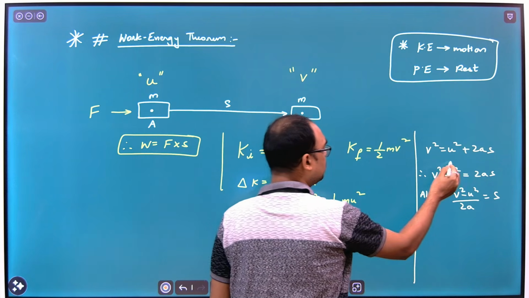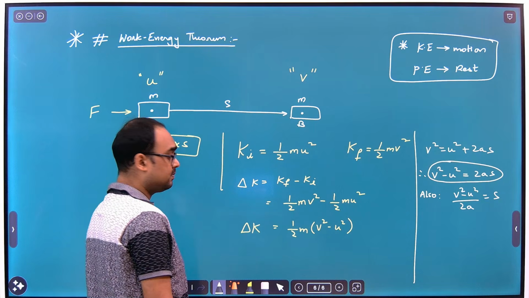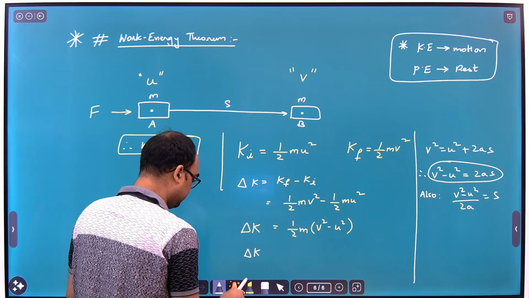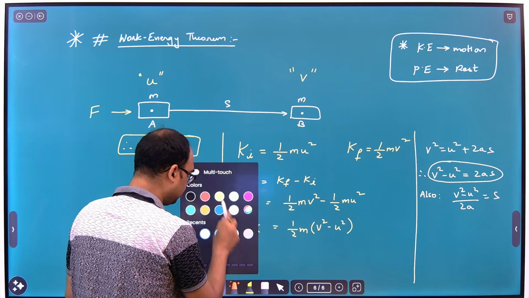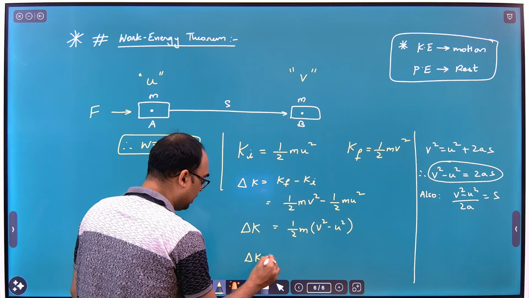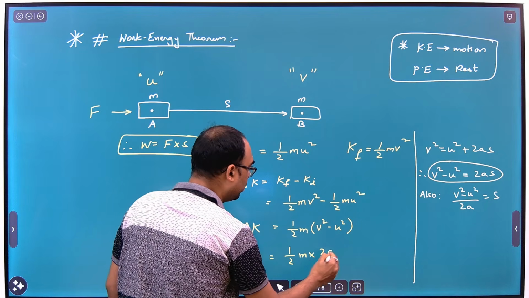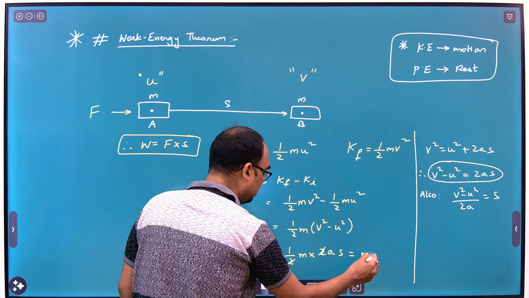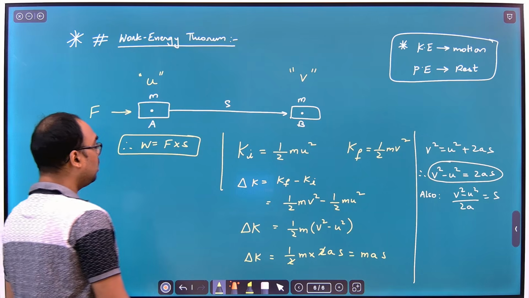What is v square minus u square? 2as. So if we put it, delta K is equal to half m into v square minus u square, which is 2as. These two cancel. What is coming is m into a into s. Now what is m into a?